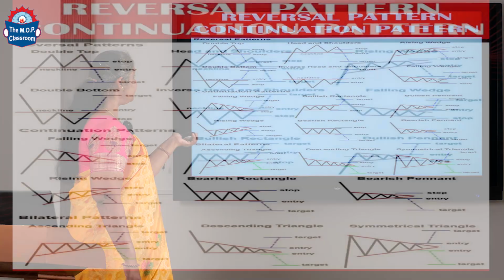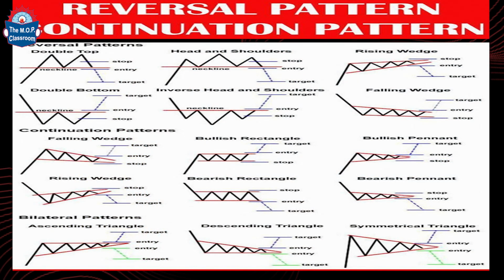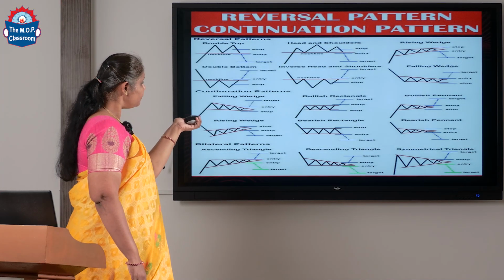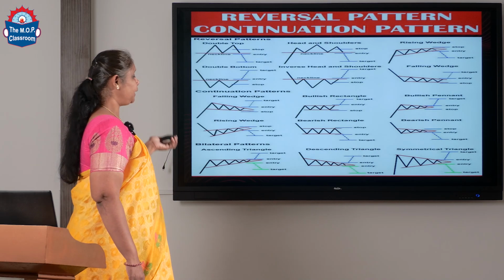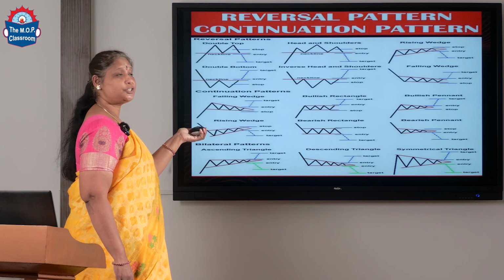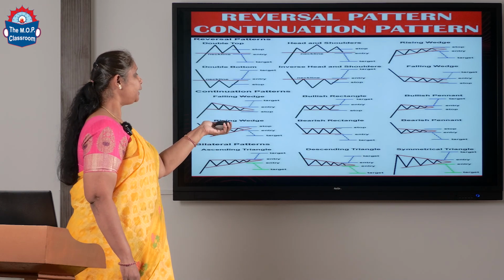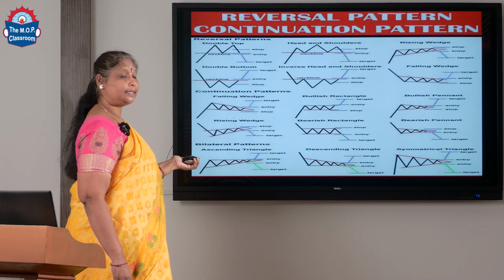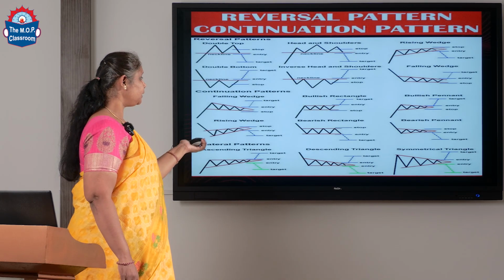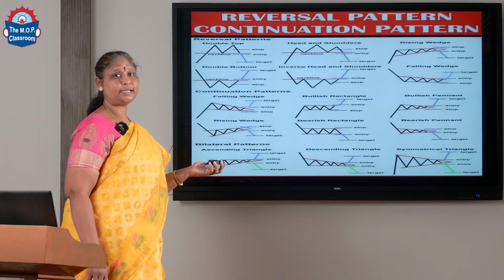A candlestick chart may take up a double top, a head and shoulder pattern, a rising wedge, a double bottom, an inverse head and shoulder, or a falling wedge. Under continuous patterns, it may take up a falling wedge or a rising wedge, a bullish or bearish rectangle, a bullish pennant, or a bearish pennant. It might even take up bilateral patterns, where we have ascending triangle, descending triangle, and symmetrical triangles.